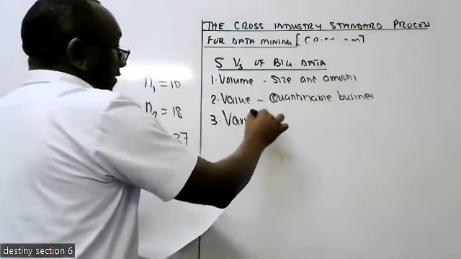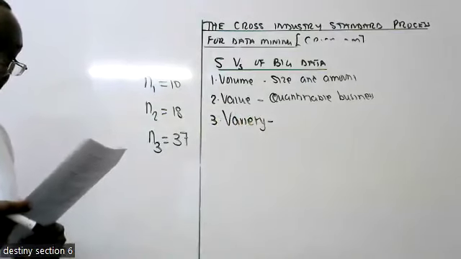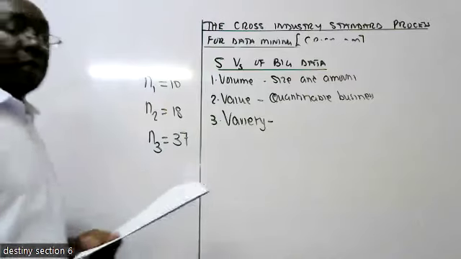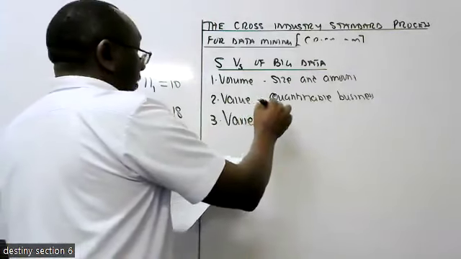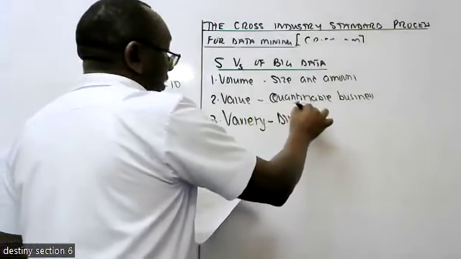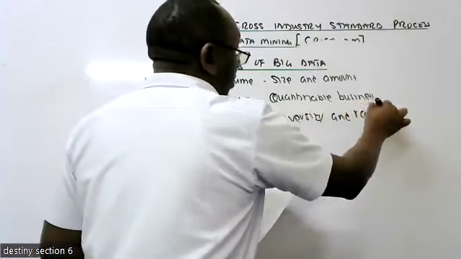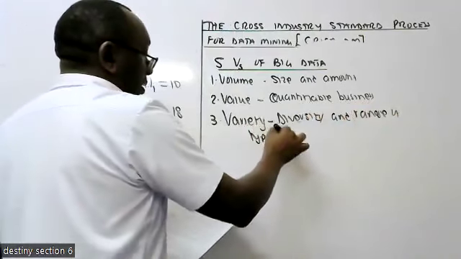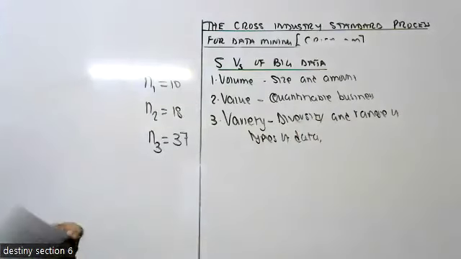Number 3 is called variety. This is diversity and range of types of data.